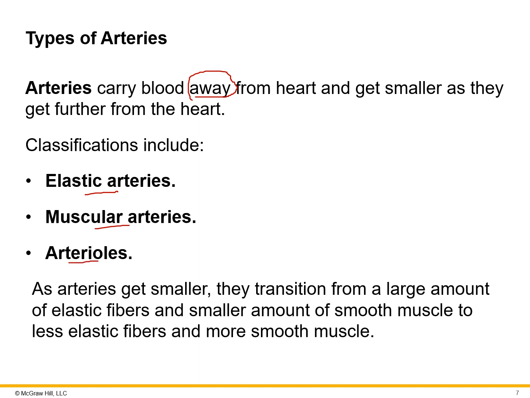As the arteries get smaller, they transition from a large amount of elastic fibers to smaller amounts, and the opposite for smooth muscle. So as they get smaller, we have fewer elastic fibers and more smooth muscle. The larger the diameter, the more elastic fibers and the less smooth muscle we have.